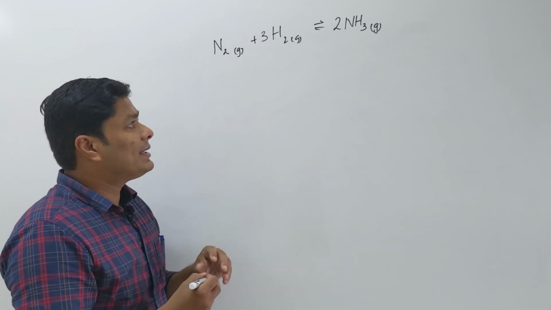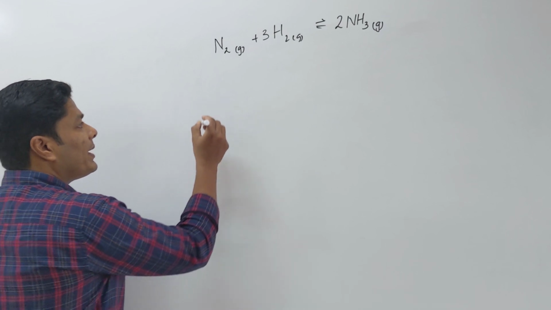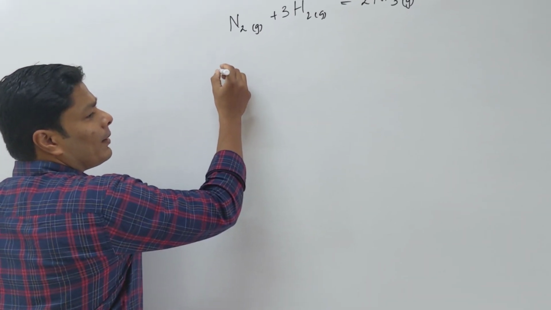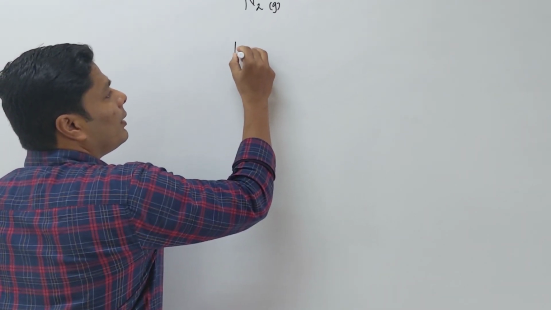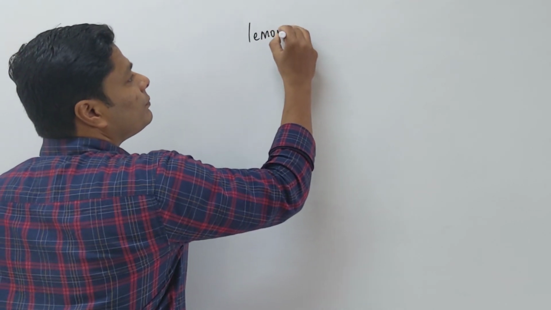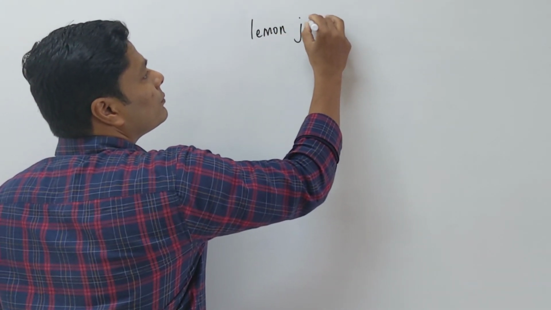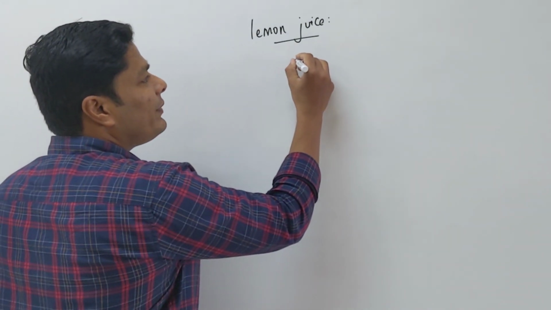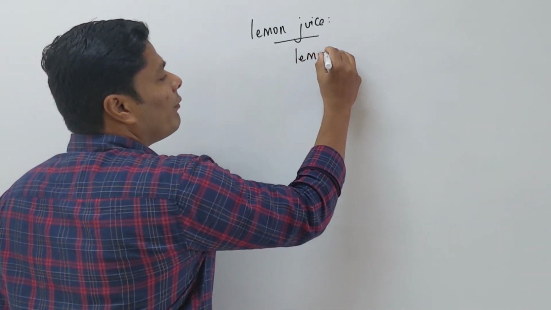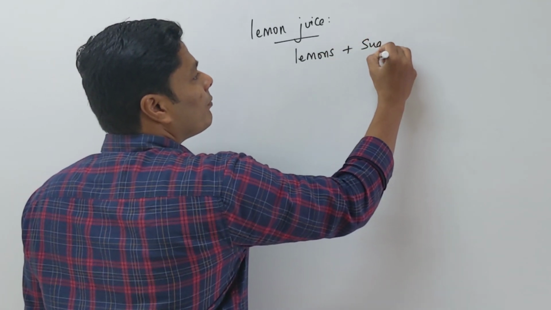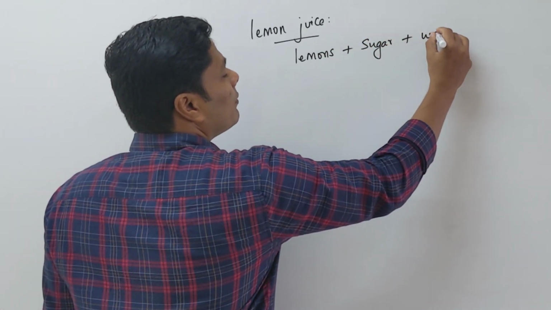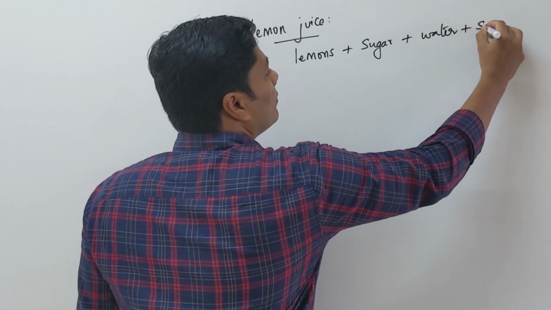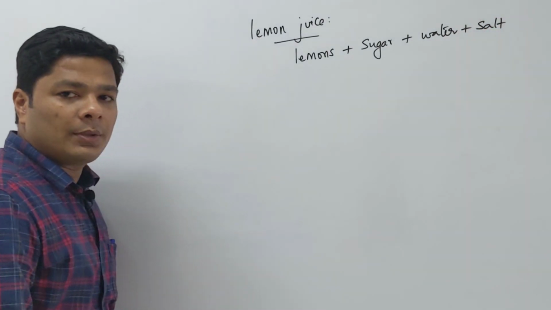Okay, let's take for example making lemon juice. This is very simple. Ideally, what we need for lemon juice is lemons, sugar, water and salt.